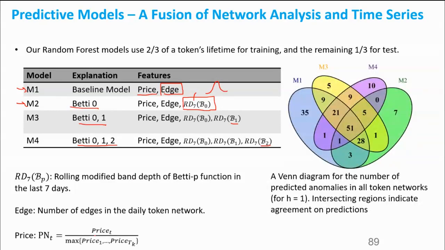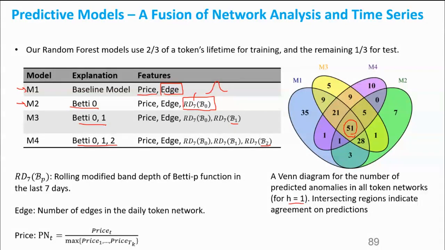So here I am showing you a Venn diagram for the number of predicted anomalies in all token networks for the very next day, which means the horizon is 1. So we are looking at today's data to predict tomorrow's price anomaly. The intersecting regions indicate agreement on predictions.